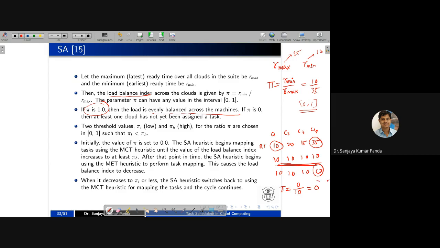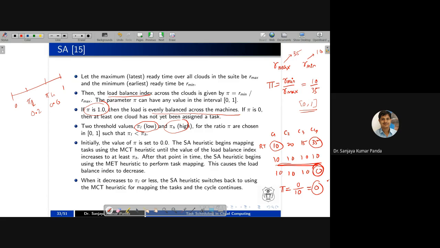You can see one cloud is not assigned a task. Now we consider two threshold values, one called pi L and the other pi H. The range of pi is 0 to 1, so in this range we consider one threshold as pi L, another threshold as pi H. For example, 0.2 and 0.6.